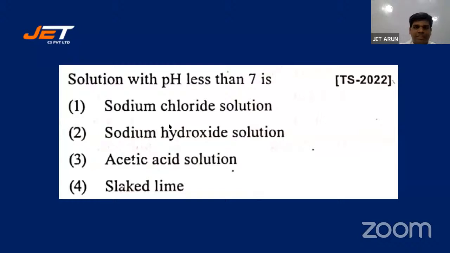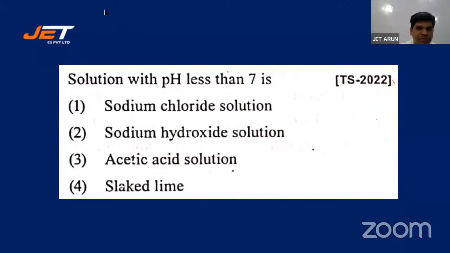Solution with pH less than 7 is. Which of these solutions has a pH value less than 7? An acidic solution, right. Yeah, quick. I'll give you 10 seconds. All right.